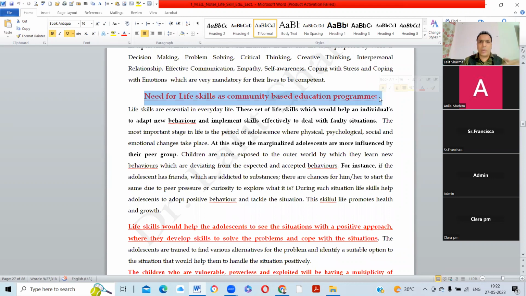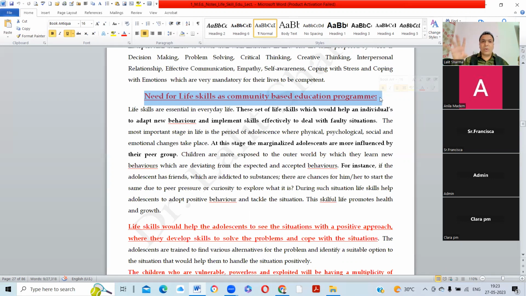Well, we have to start the community based education program. For example, when we came to know that many students, adults, children have left school, we started adult education. What was the concept of adult education?